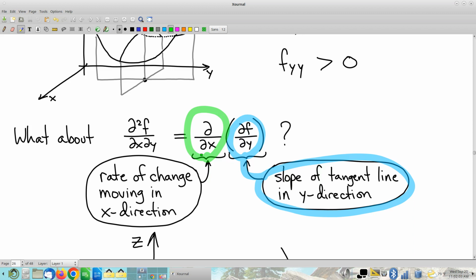I'm looking at a graph of f, not of the y partial of f. So I can't take a graph point of view on this x partial. Useless. Conveniently, we have this other point of view that you can visualize an x partial as being: it's the rate of change of whatever it is that you're looking at as you move in the x direction. So that's the point of view we'll be taking there.